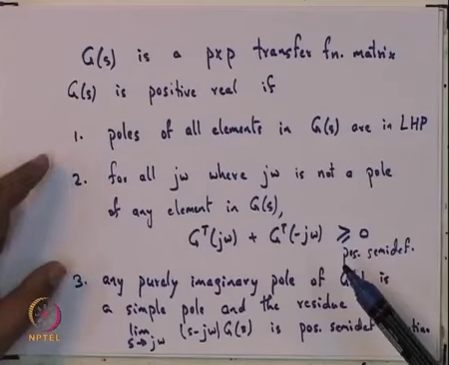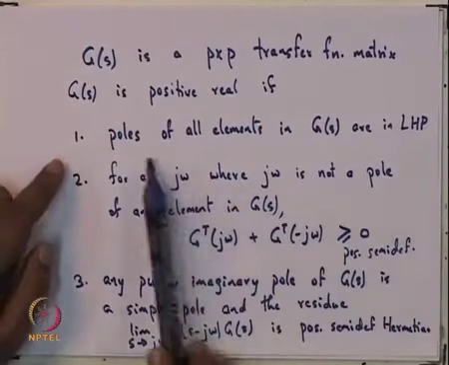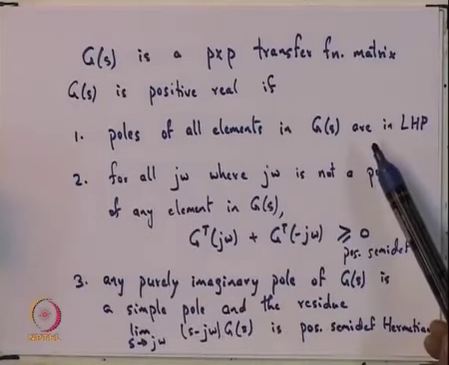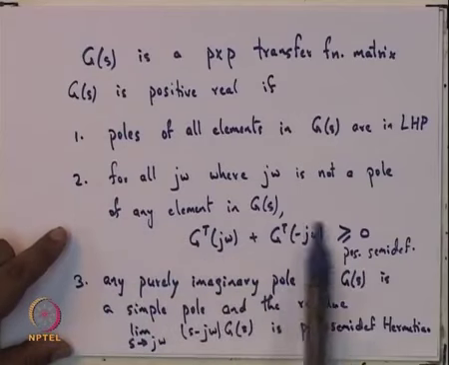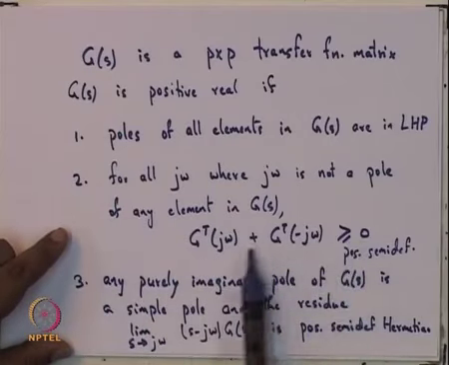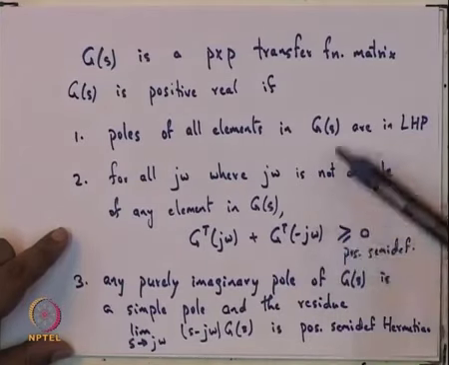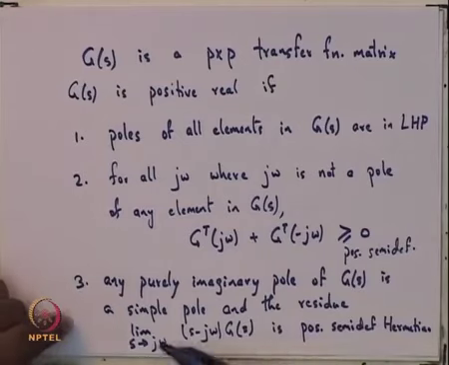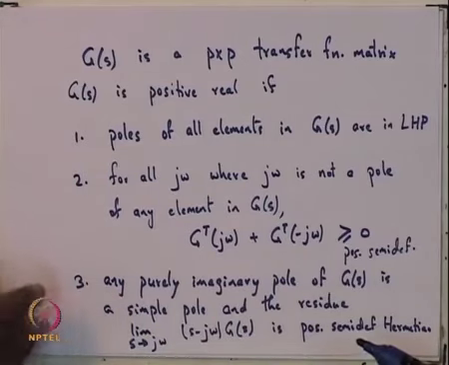Now, if you just specialize, you take G of s to be a 1 cross 1 transfer function. Well, the poles are all in the left half plane, as we had said before, and this is the Nyquist criterion condition, the Nyquist plot in the first and the fourth quadrant, and this one is the stability. So, these two conditions are there, and this is an additional condition that appears in the matrix case.